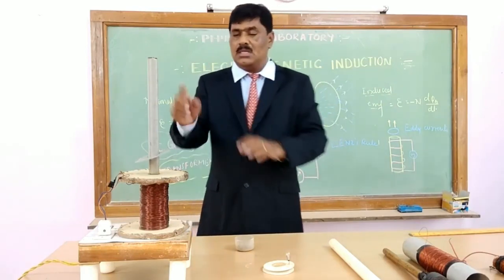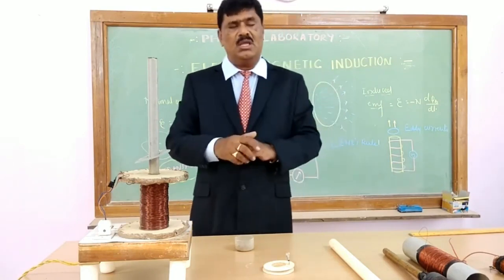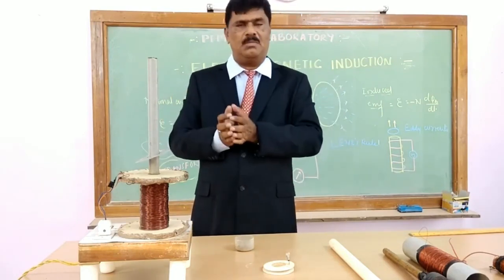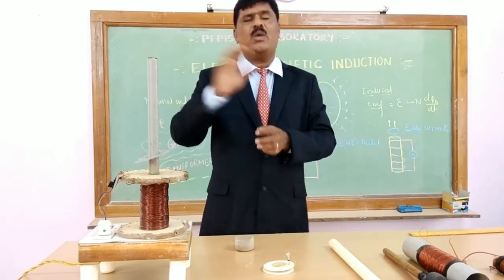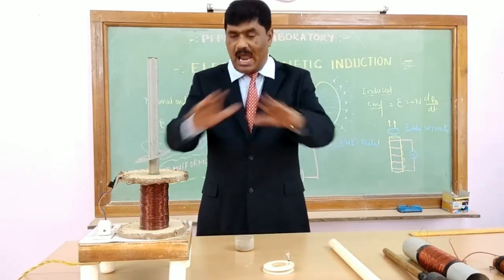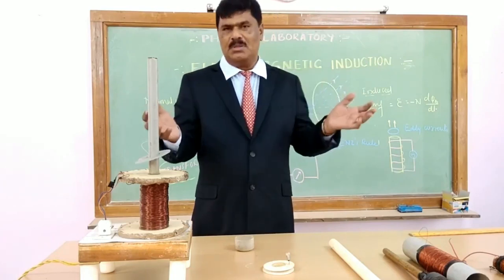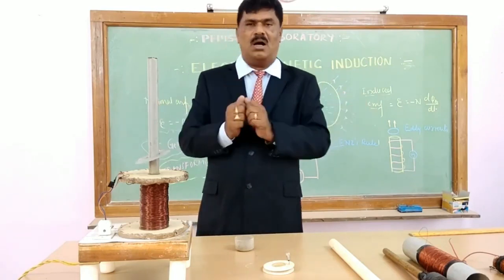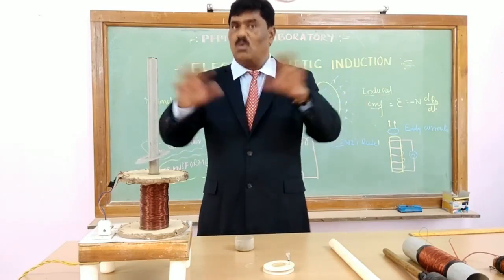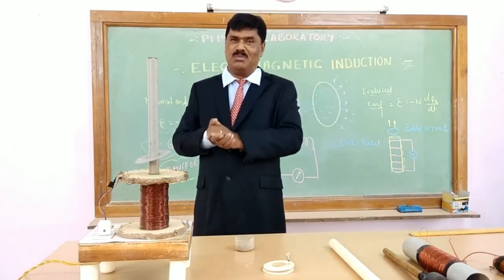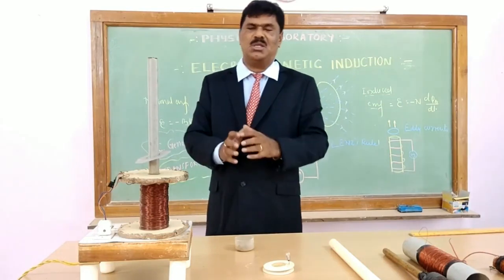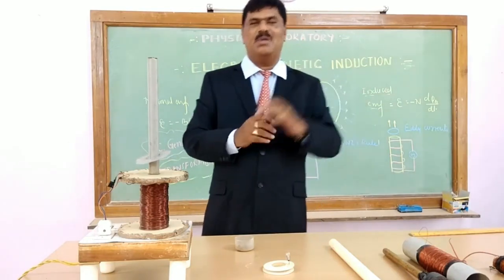Since the conducting plate that I am using here is very light, that's why it is jumping. Now instead of a lightweight plate, if you use a heavy plate, what happens? Because of the heavier mass, the conducting plate never jumps. Rather, we get a sufficient amount of heat energy from it, and that heat energy can be used for cooking purposes.